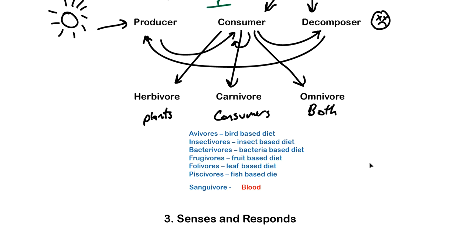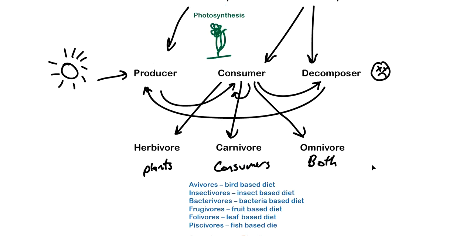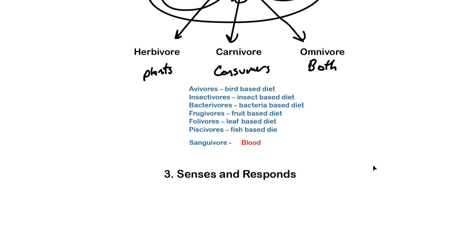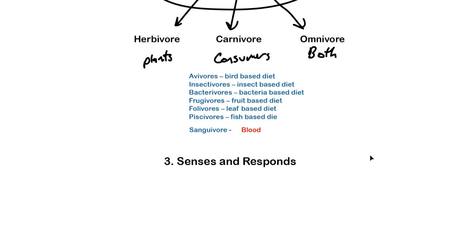Senses and responds. Not as big as our eats, which has all this stuff in it. If we go to senses and responds, all we really get in the book is receptors. What is a receptor?